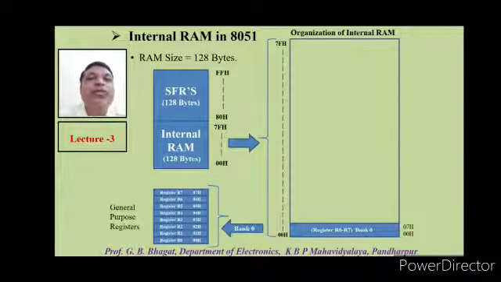These registers R0 to R7 are called general purpose registers which can be used in programs for general applications.